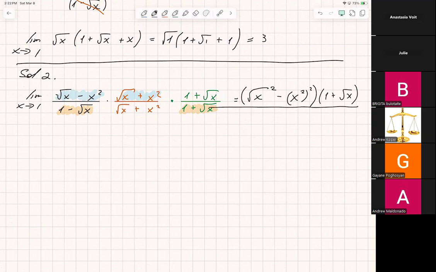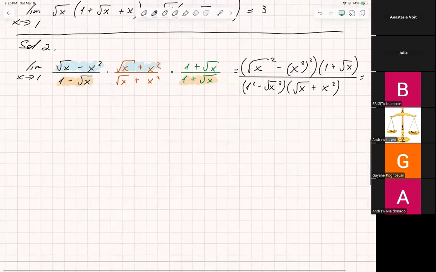And for the denominator, we combine these two together and we would have 1 squared minus square root of x squared. That's 1 minus x. And another factor, which is this one, we just leave it as it is. We don't do anything with that. Okay, again, you can skip this step and do it in your head if you feel comfortable. That's totally fine with me.